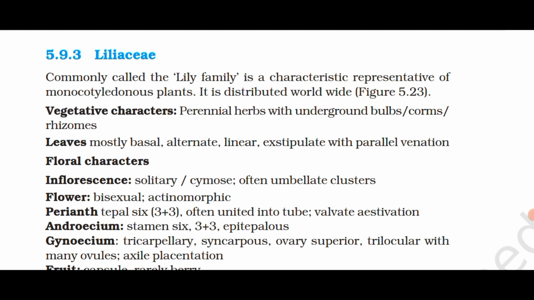Vegetative characters: perennial herbs with underground bulbs, corms, or rhizomes. Leaves mostly basal, alternate, linear, exstipulate with parallel venation. Floral characters: inflorescence solitary or cymose, often umbellate clusters. Flower bisexual, actinomorphic. Perianth tepals 6, 3+3, often united into a tube, valvate aestivation. Androecium stamens 6, 3+3, epitepalous.